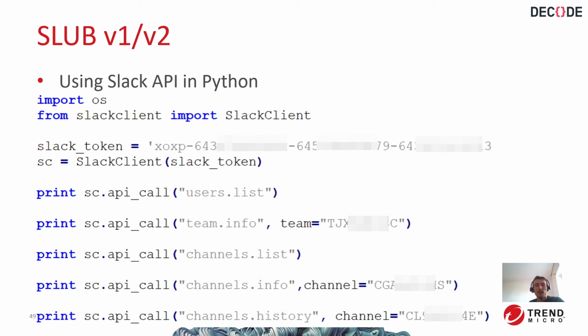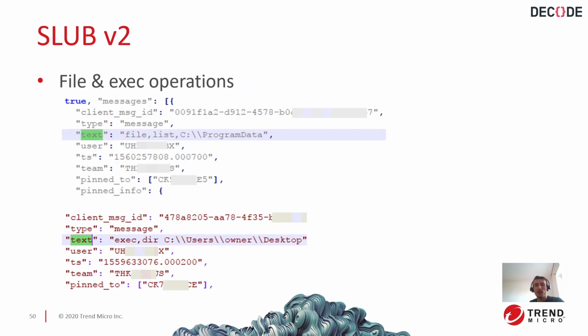Again, we have the Slack API and Python libraries, so we can import Slack client, and if we know the token, we can call functions like list users, list team information, list channels, channels info, and channels history, which is the most interesting for us. The channels history is in JSON format, and you can see the text attribute containing the commands executed by the malware operators.